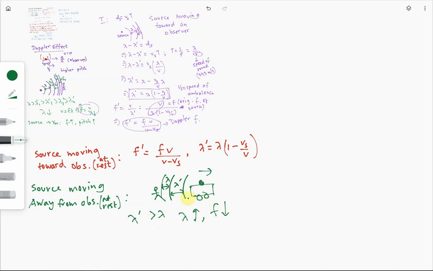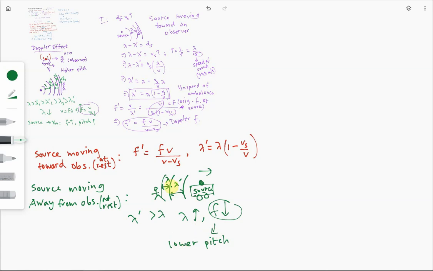So as the ambulance or source moves away, the Doppler shift is the frequency getting smaller, and that results in lower pitch. So you hear the sound get lower and lower and softer and softer as the source moves away.